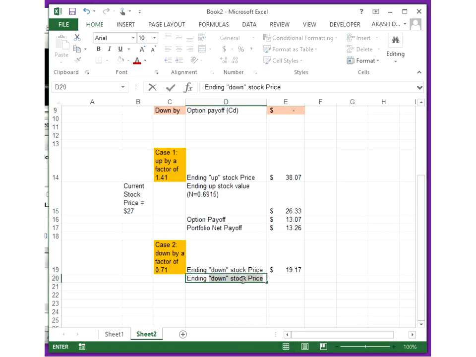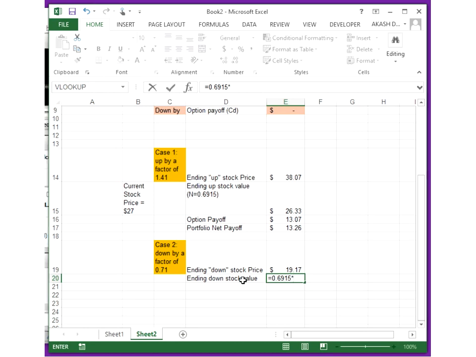And the next thing is ending down stock value, and that is N times P down, so N in this case is 0.6915.